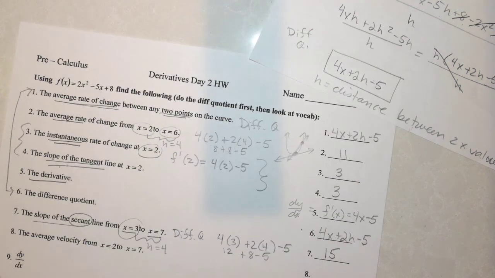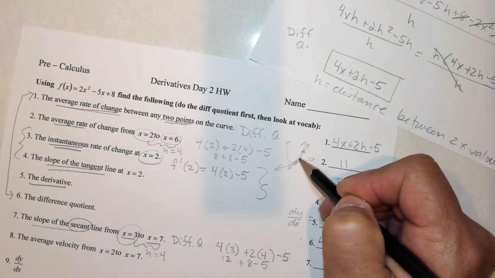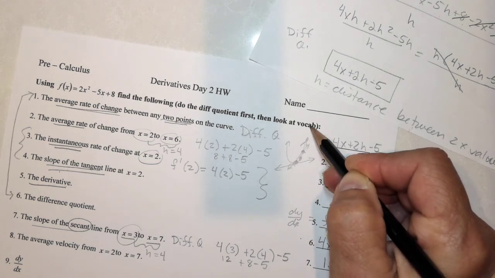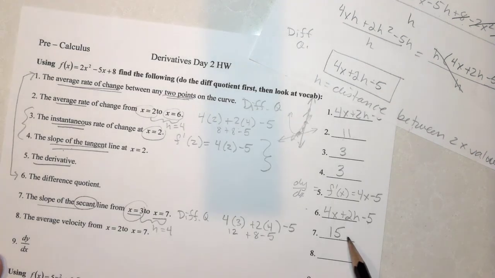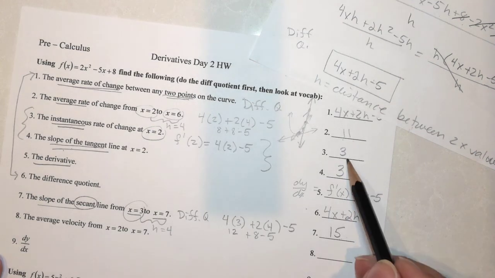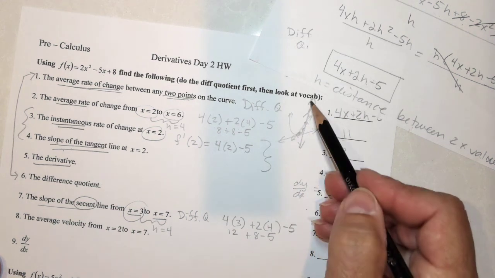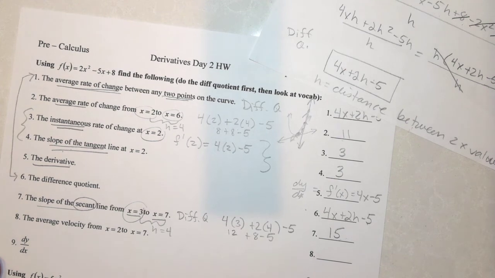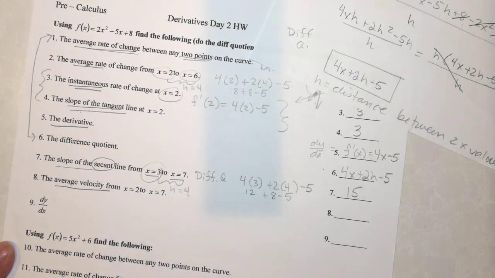Back to my picture: this was from an x of 2 to 6, so 3 to 7 would be an even steeper line, which is why this slope is 15 compared to 11 and 3, the other ones we had before. As you follow this curve, it gets steeper and steeper, so the slope lines go with it.